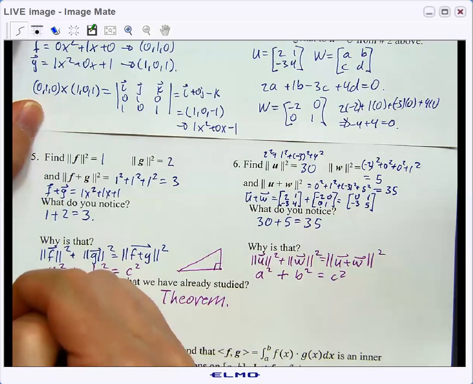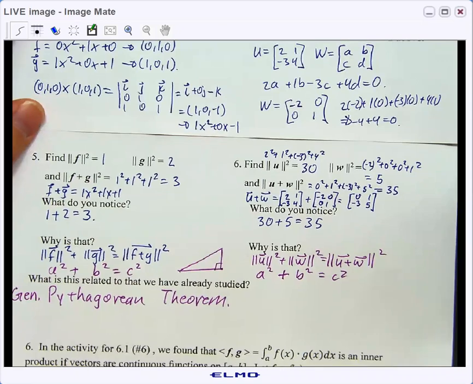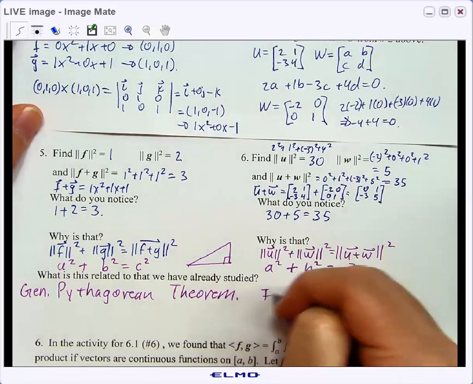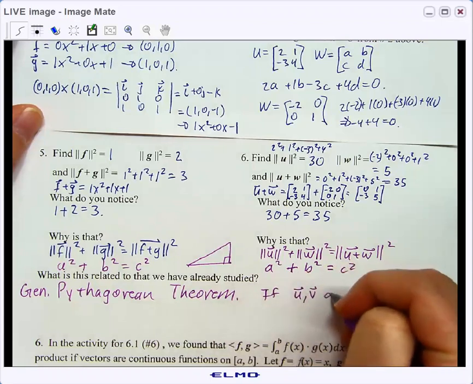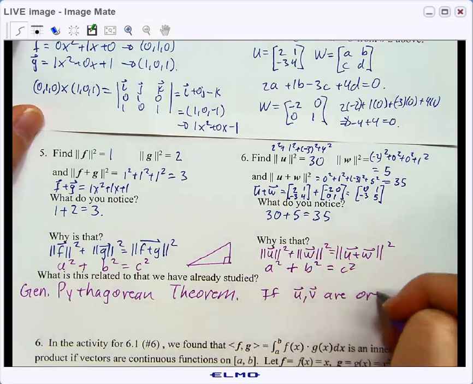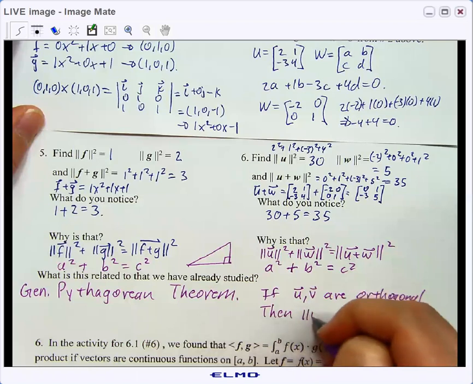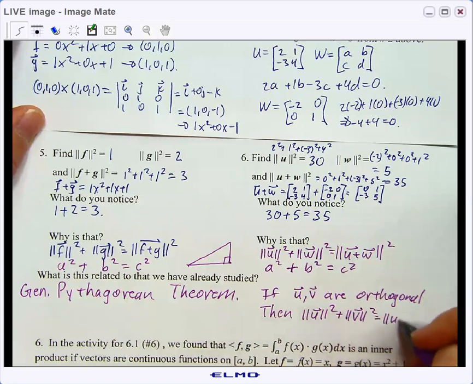So this then is what we call the generalized Pythagorean theorem. If u and v are orthogonal, then the magnitude of u squared plus the magnitude of v squared equals the magnitude of u plus v, squared.